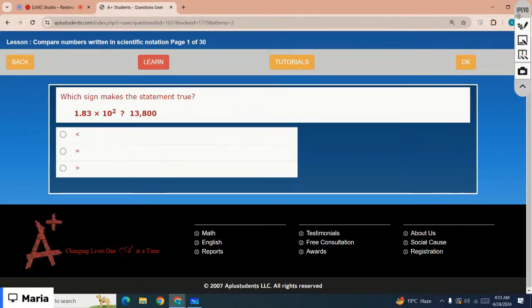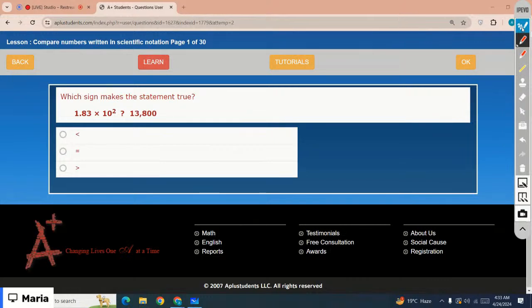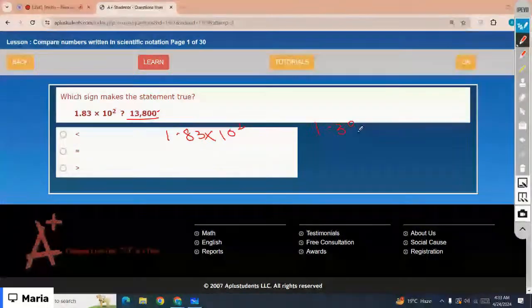Okay, which sign makes the statement true? One of them is written in standard form and the other one is written in scientific notation form, right? First, convert them both into the same form, either standard form or scientific notation. I'm going to convert this into scientific notation, right? 1.83 times 10 exponent 2, you have to move the decimal point 1, 2, 3, 4 places back. It would be 1.234 times 10 exponent 4.